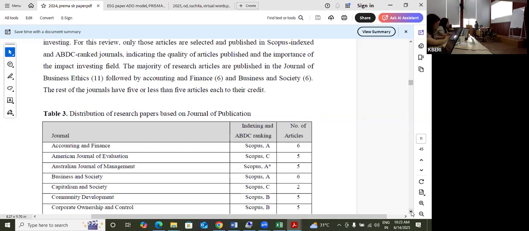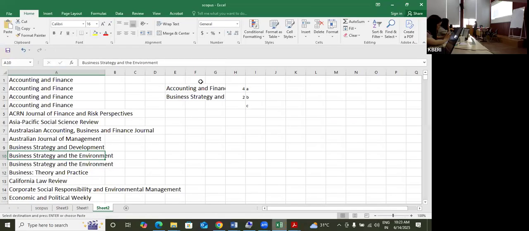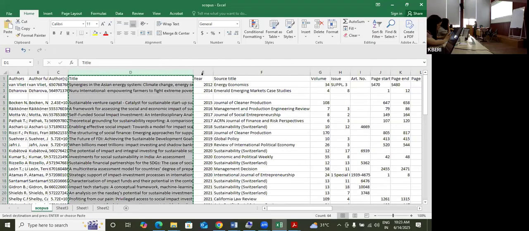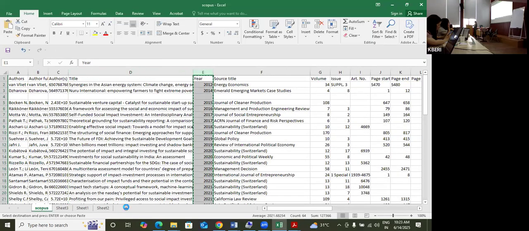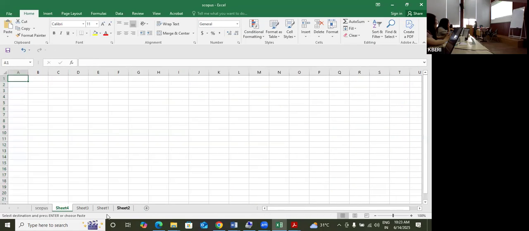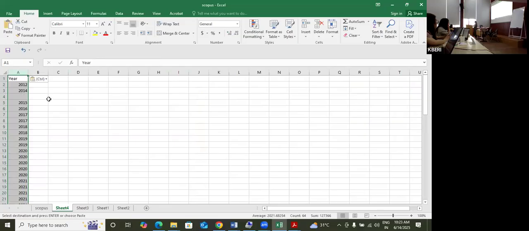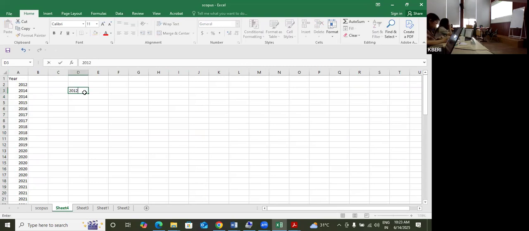So let's see, how do you get that data as well? So now again, let's move to the Scopus database file. This is the one. So you just click onto the year. You move to another worksheet. Here, you arrange the data. Let's say it's 2014. So you just sort it down. I have already sorted this. So what we will do is, we again will make a table. 2012, how many papers? 1.